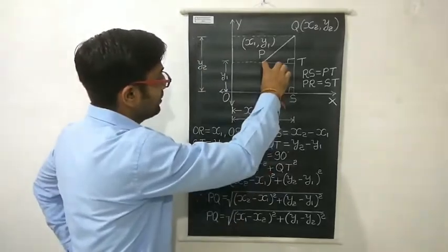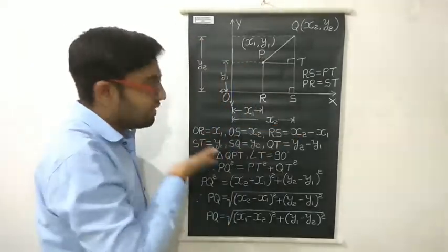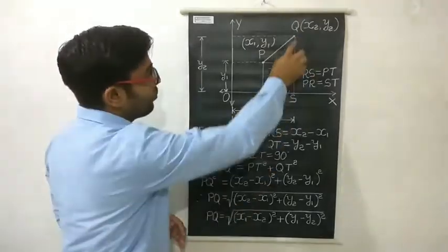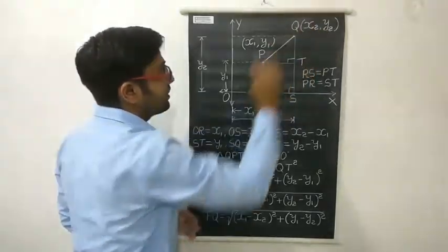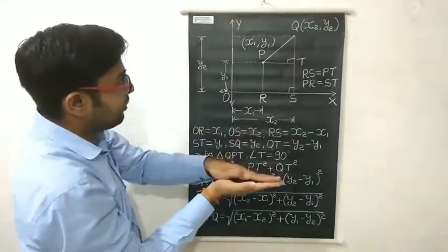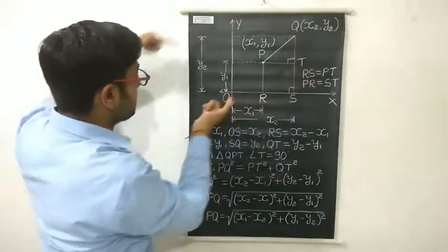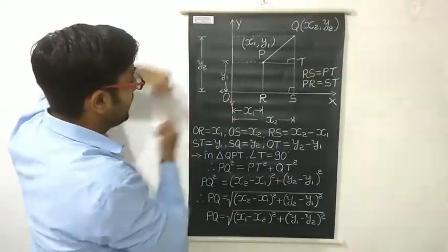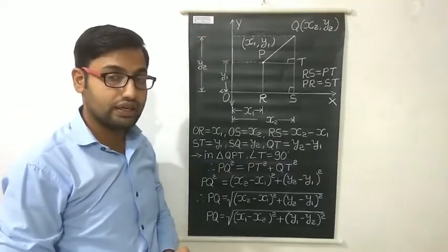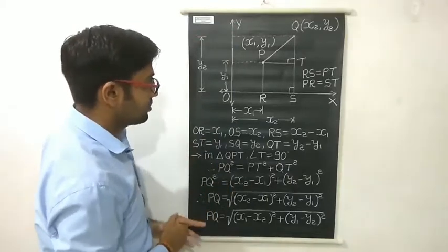In the same way, the y coordinate of Q is y2. It indicates that this point is at y2 distance from the x-axis. So this much distance is y2, and this much distance is y1. Clear? Okay. So let us derive some equations.